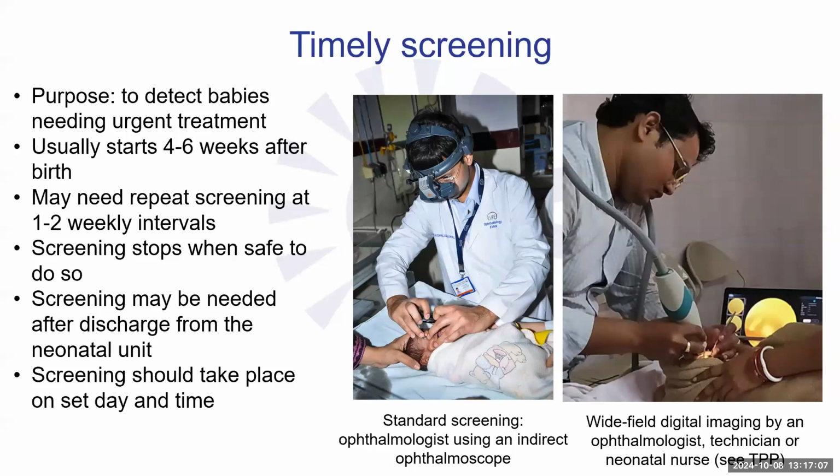Increasingly, digital imaging is being used, and on the right, you'll see what's called a Forus camera, which is produced by a company in Bangalore, again with lots of input from Anand Vinikar. And this is a technician taking the images, which you can see on the screen. Those images can then be saved and read and graded remotely by an ophthalmologist.